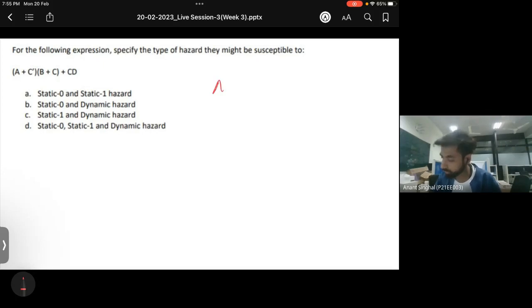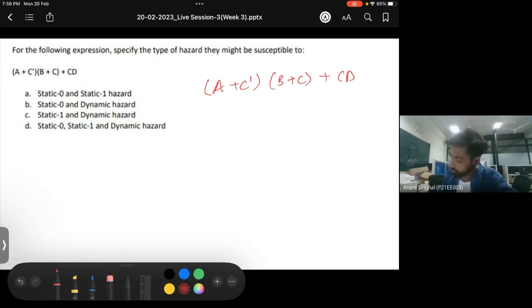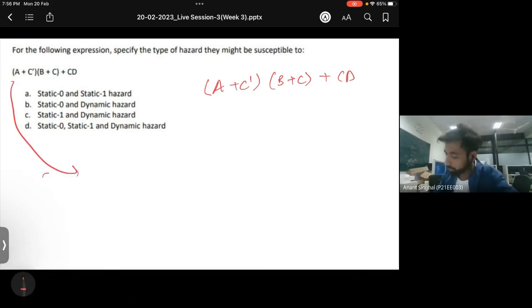This is a plus c bar, b plus c, and then plus c. Let me try to solve.